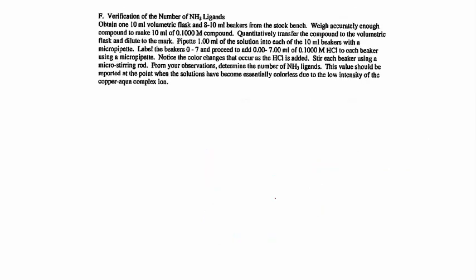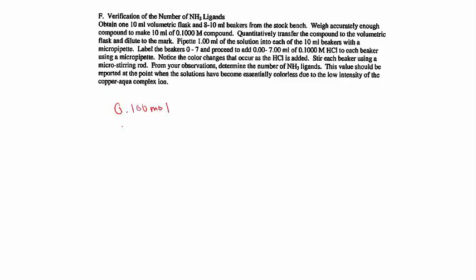And then the last section is the verification of the number of NH3 ligands. It says obtain one 10 milliliter volumetric flask and 8 to 10 milliliter beakers from the stock bench, and weigh accurately enough compound to make 10 milliliters of 0.100 molar.